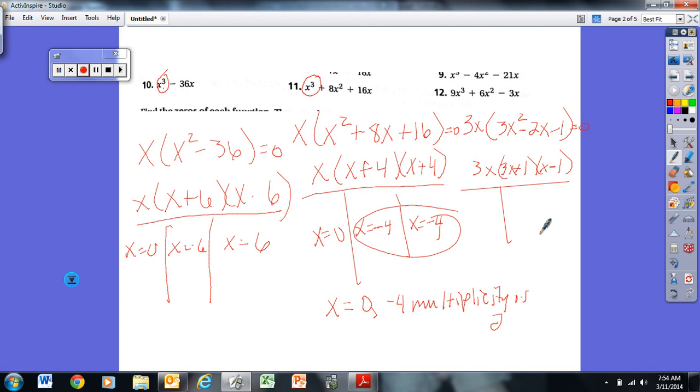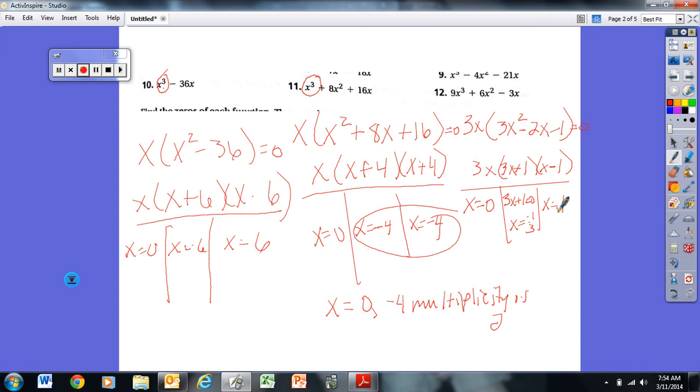This one, 3x equals 0, so x equals 0. 3x plus 1 equals 0, so x equals negative 1/3. And x equals 1. So the 3 roots here are 0, negative 1/3, and 1. So we have now found all the zeros.